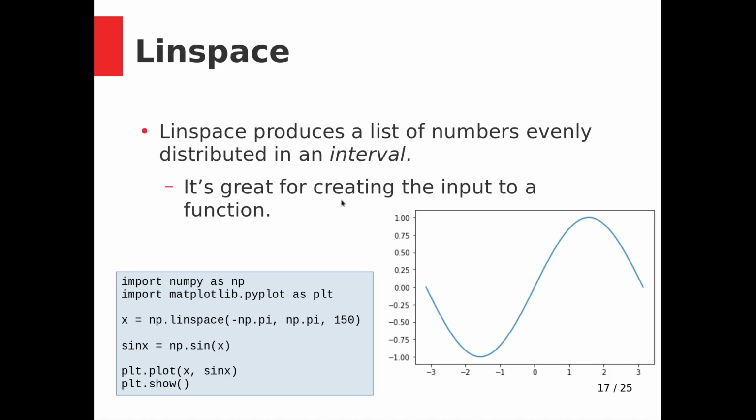So to do this, we're going to use a couple of bits of NumPy we haven't talked about before that are quite useful. One of them is linspace. Linspace just gives us a list of numbers evenly distributed in an interval, right? So we tell it how many numbers we want, what the starting point is, and what the ending point is, and it gives us an X array of numbers evenly distributed in there.